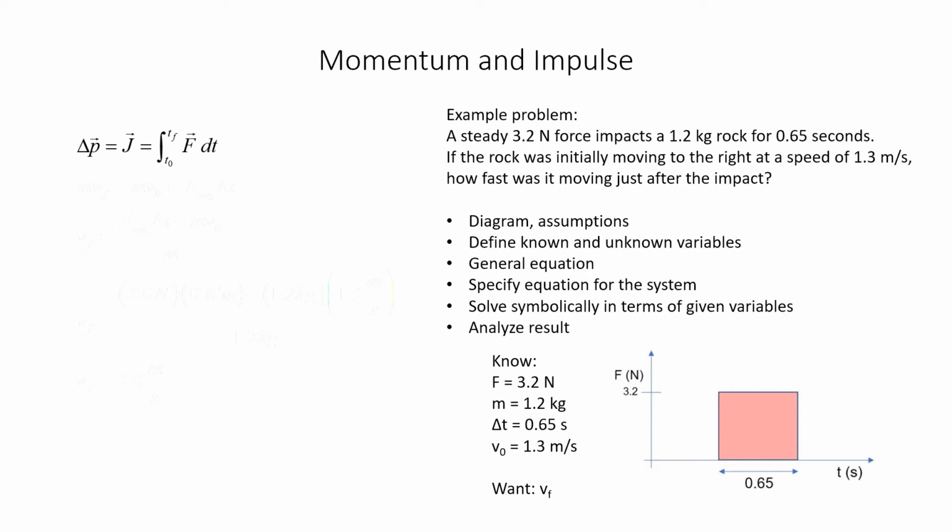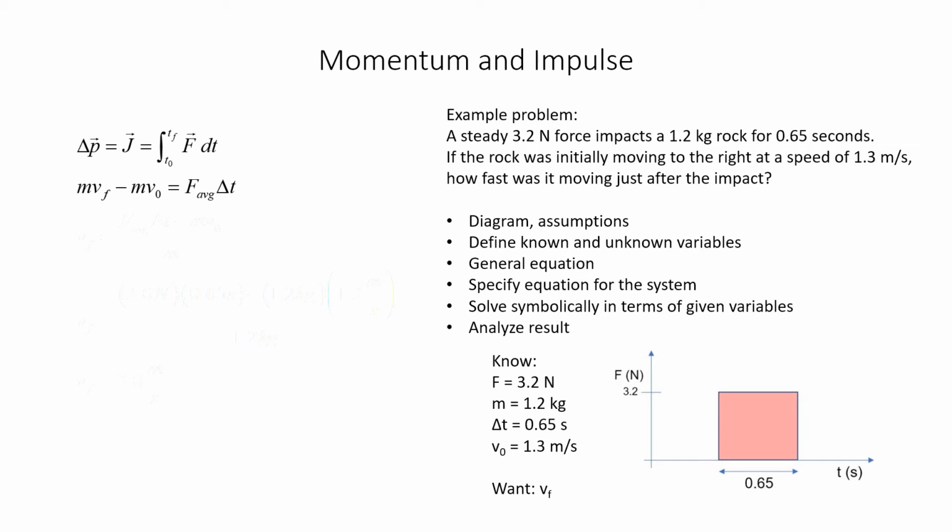We start with a general equation. The change in momentum equals the impulse, and then we'll specify the equation for our system. We'll solve it symbolically in terms of given variables and analyze our result. For our system, change in momentum is mv final minus mv0, and we'll just take the average force times delta t.